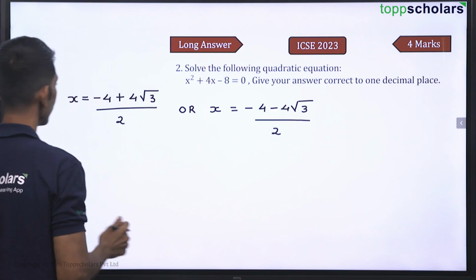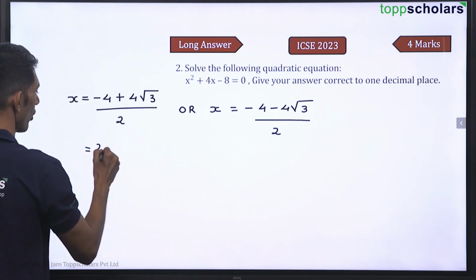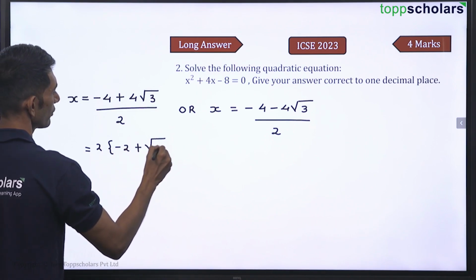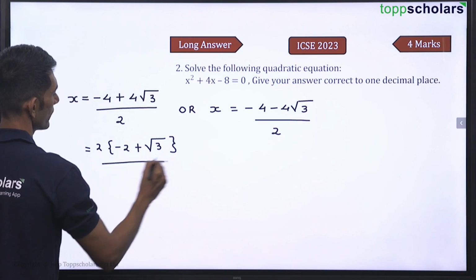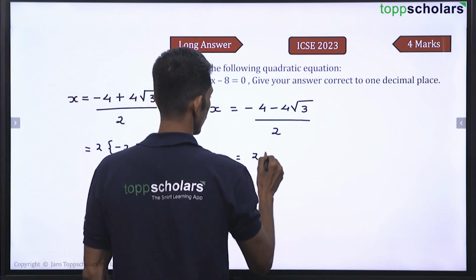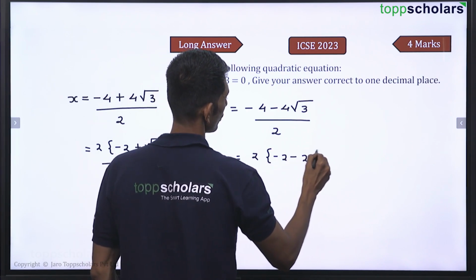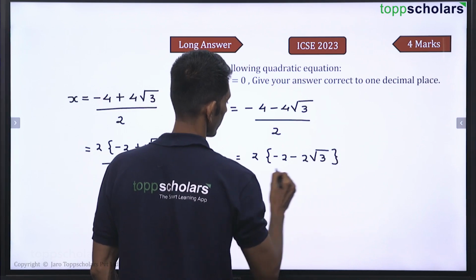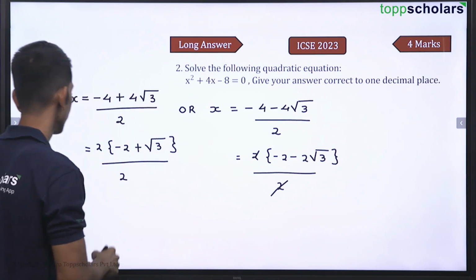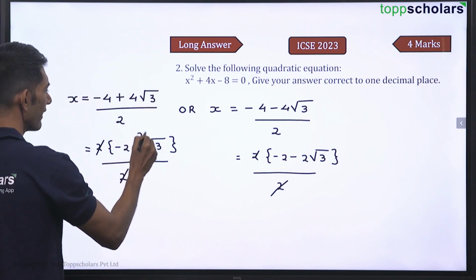Now if I take 2 common from here, I get minus 2 plus root 3 divided by 2, and here I get, so 2 is common, minus 2 minus root 3, the whole divided by 2. So this gets cancelled, this gets cancelled, and here of course we have 2.